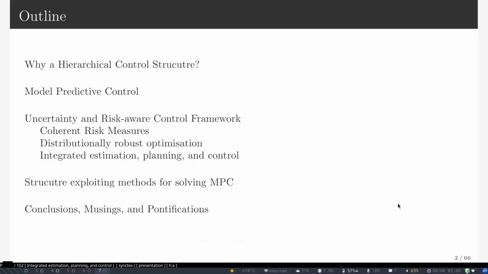Some people call it receding horizon control. Then I talk about uncertainty and the uncertainty-aware control framework, and elements of that. I talk about structure-exploiting methods for solving MPC problems, and then I conclude with a bunch of thoughts and starting points for further discussions.